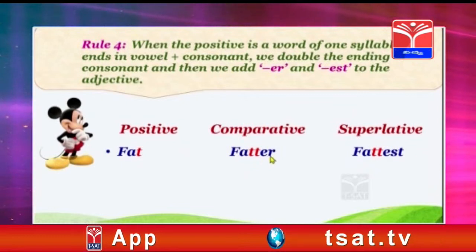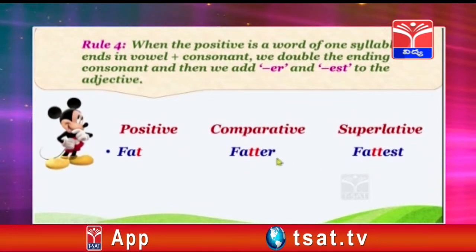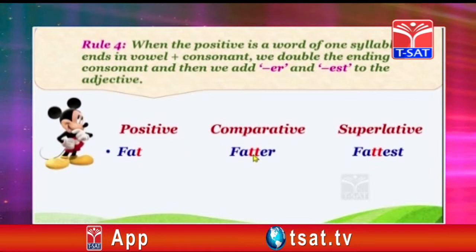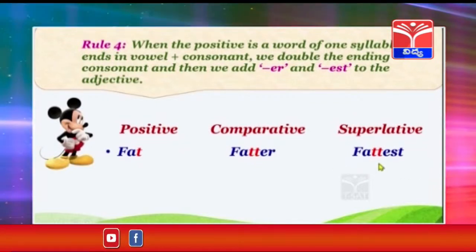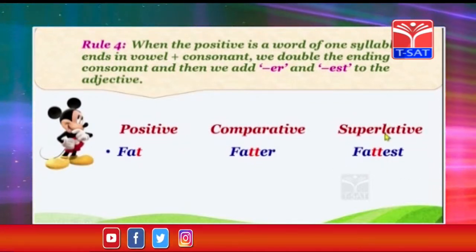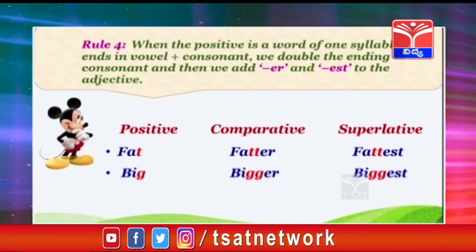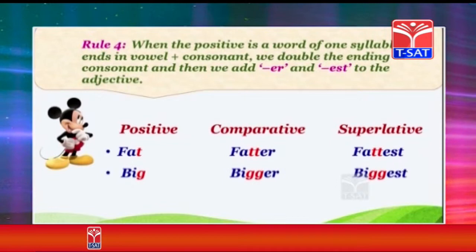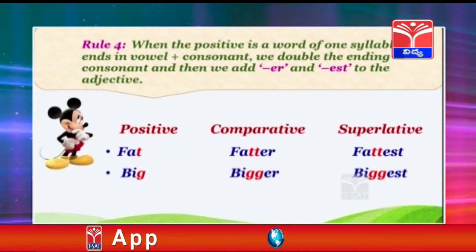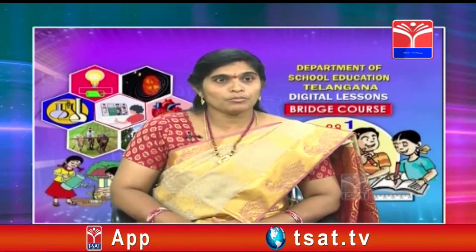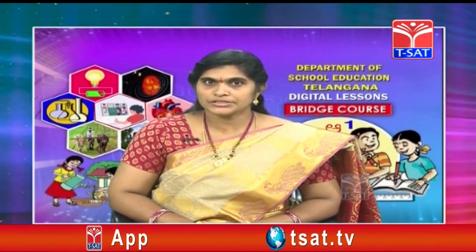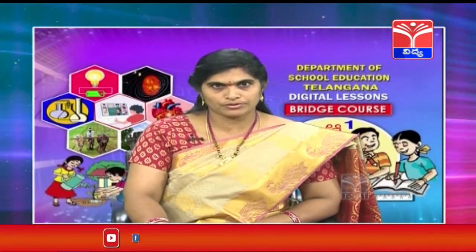In the same manner, the last consonant T is doubled in the superlative degree and we have added the letters EST. That becomes fattest. In the same manner, big, bigger, biggest. So children, I hope you all have well understood rule number 4.